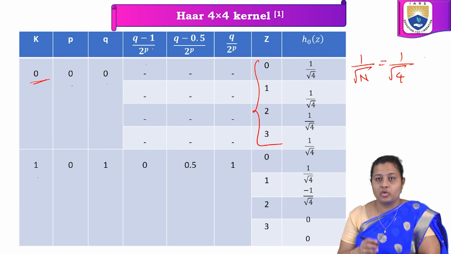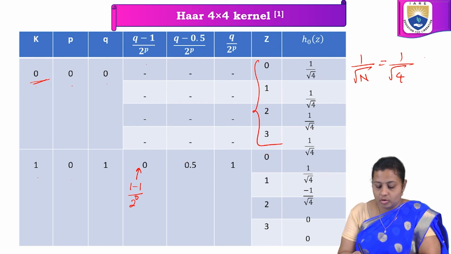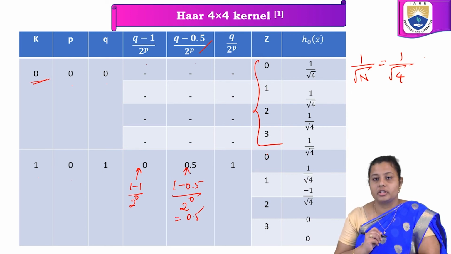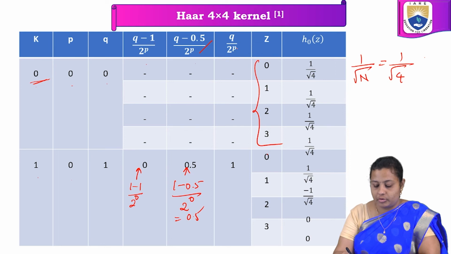What is the value of (Q minus 1)/2^P? That is (1 minus 1)/2^0, so that is 0. Now (Q minus 0.5)/2^P is (1 minus 0.5)/2^0, which will be 0.5. Now Q/2^P is 1/2^0, which is equal to 1.